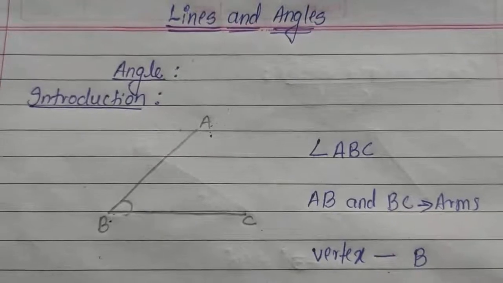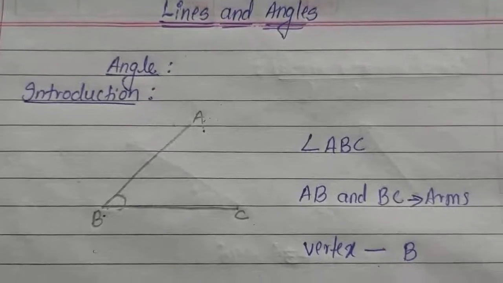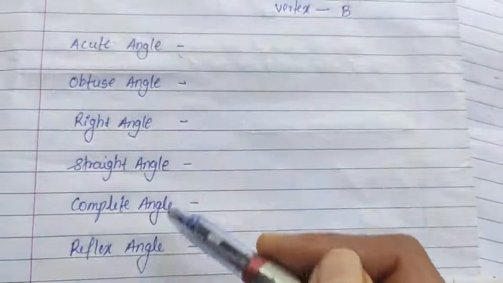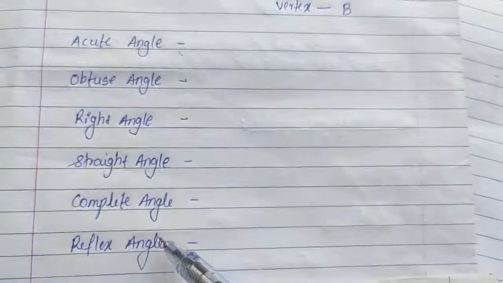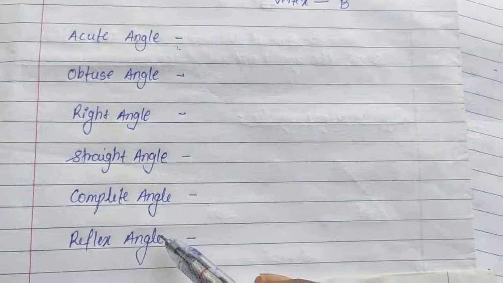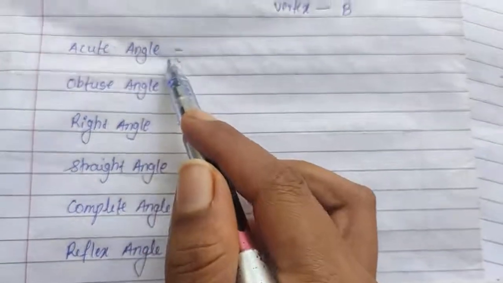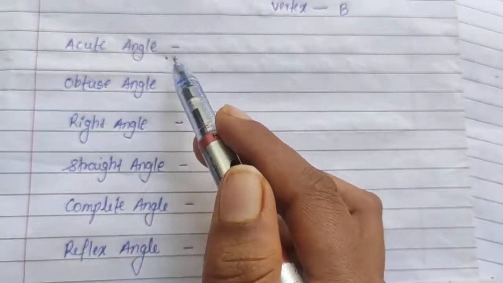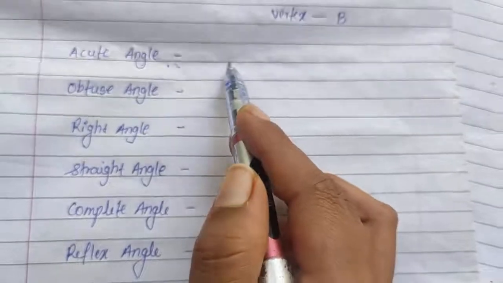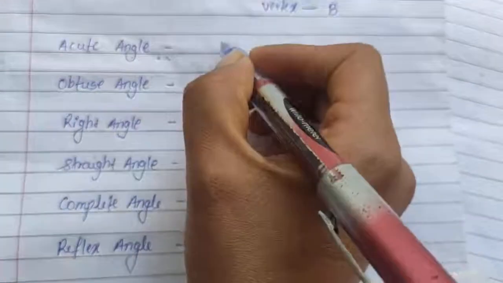Now we will see different types of angles. Here are some types of angles. You learnt these last year only, so we will revise them once. Now what is an acute angle? The angle which is less than 90 degrees is called an acute angle.